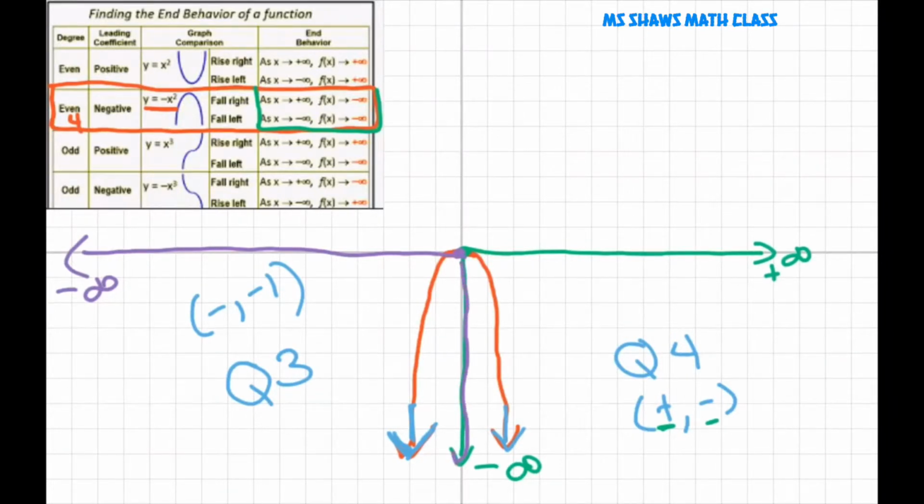All right, and if you look at this, you have positive, negative. Where's x positive, where's y negative? That's going to be quadrant 4. Where's x negative, where's y negative? That's quadrant 3.